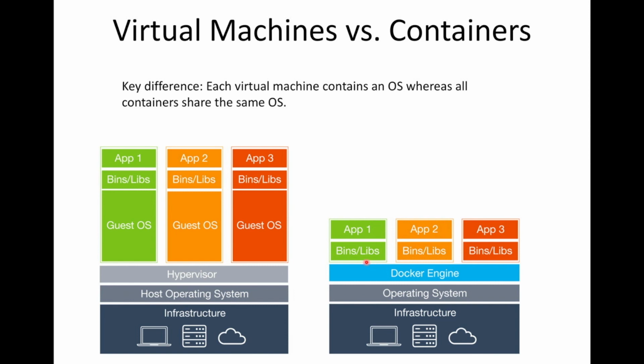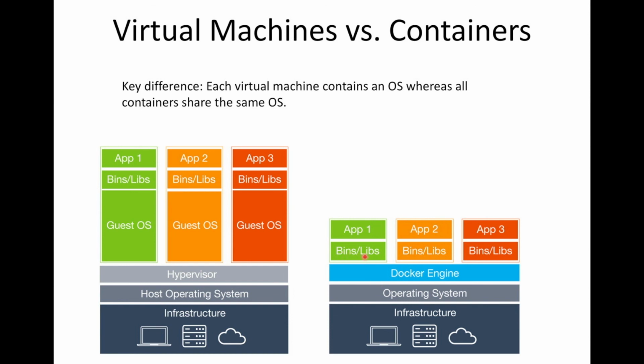And then on top of the Docker engine, we have our containers, and each container has a set of shared libraries and a file system and our application. Note what is missing here. There's no guest operating system installed on any of these containers. The containers are using the underlying operating system.